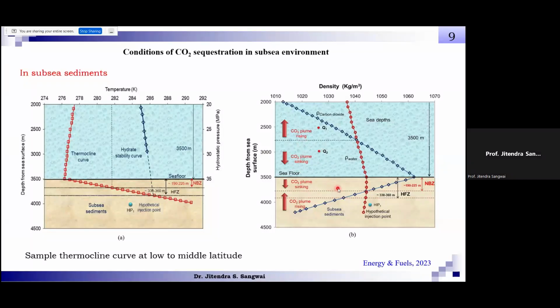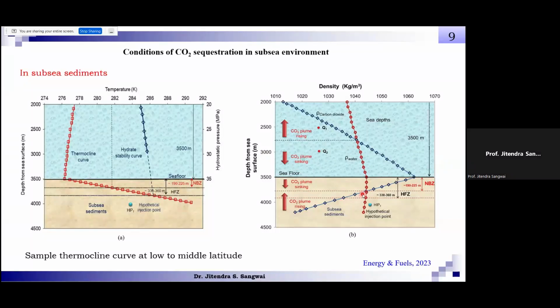How does it look in the sediments? If I inject it, here you see the density of the carbon dioxide will decrease because the temperature is now increasing over here. You can see here, the temperature is increasing, so the carbon dioxide density will tend to decrease. At a certain point, the density of the carbon dioxide will be lower than the water.